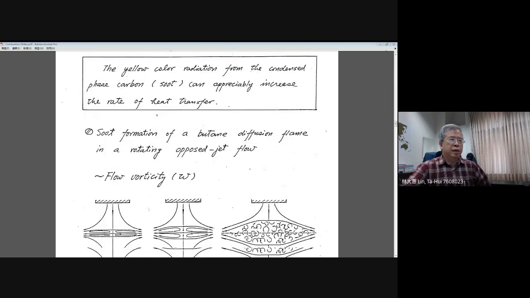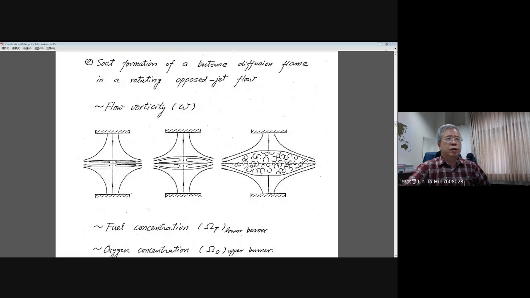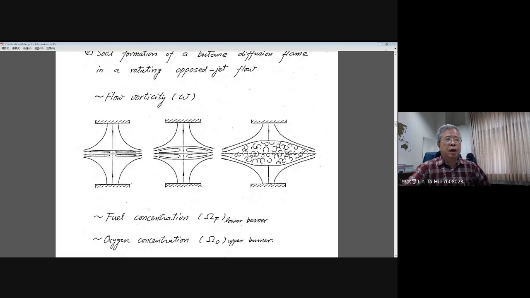Now we try to introduce the flow vorticity into the diffusion flame in the opposed jet flow. I hope you remember this structure. You remember we have a so-called counterflow, opposed jet flow, and we make it rotate, right?